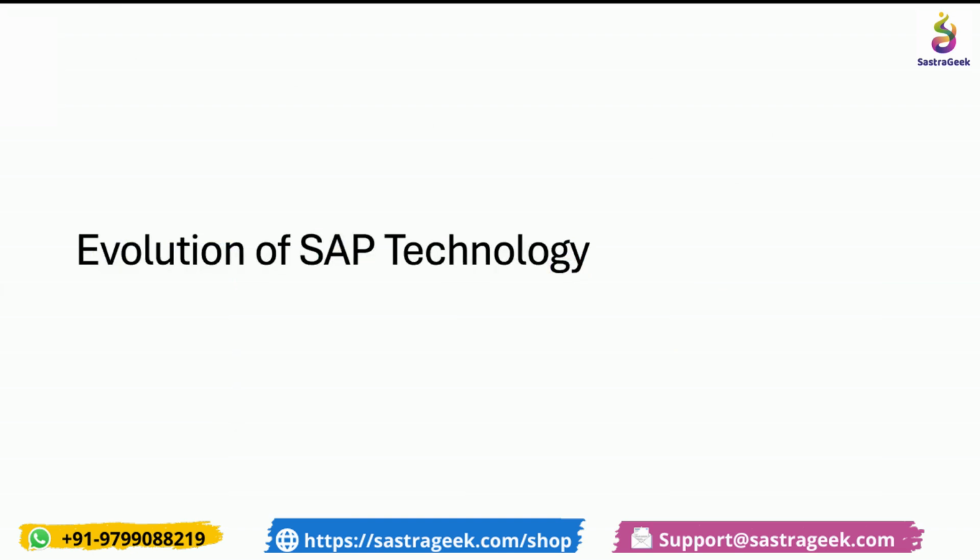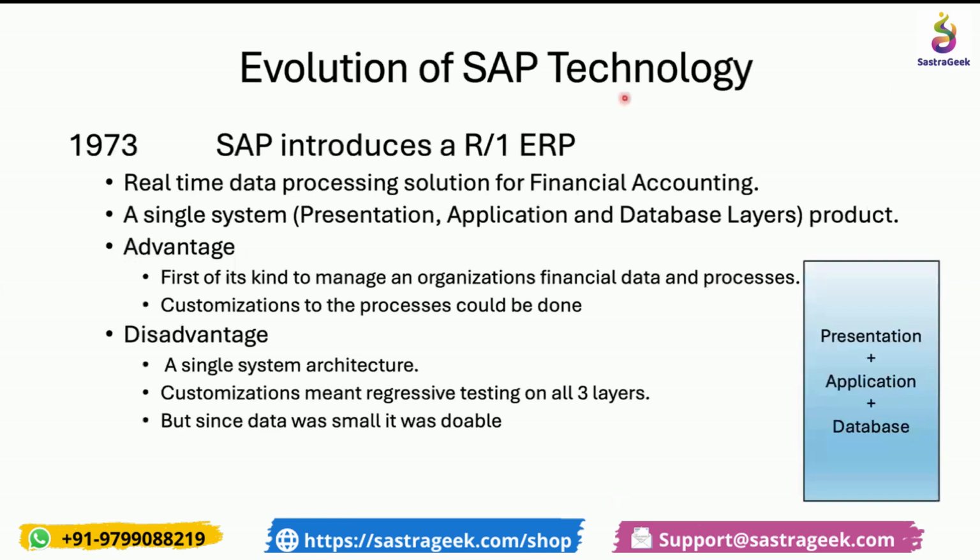Okay, going on to the evolution of SAP technology. In 1973, we had the R1 system introduced by SAP. This was a single system that contained the presentation, application, and database layers.